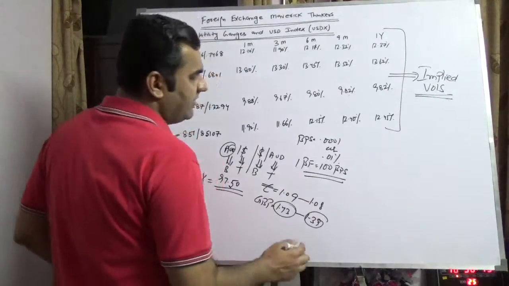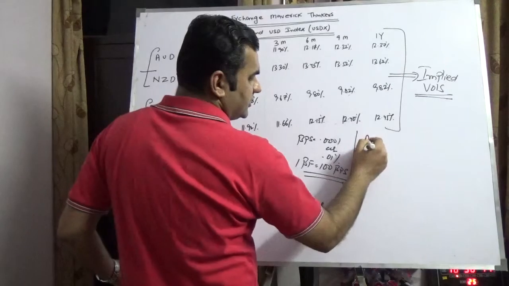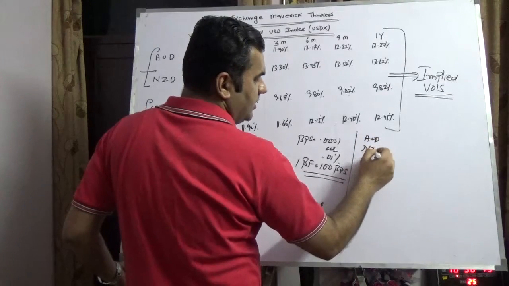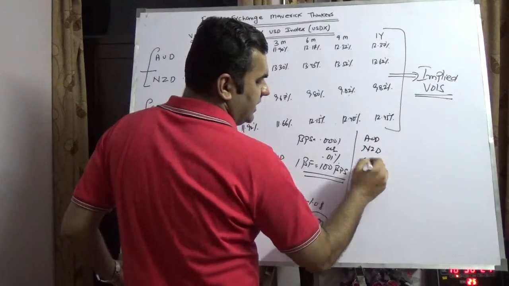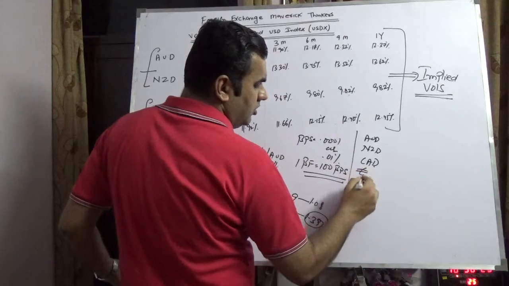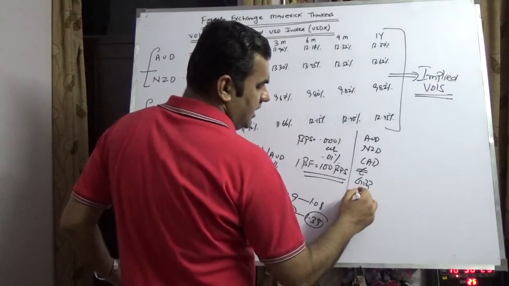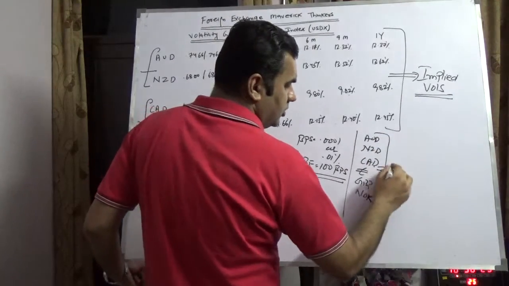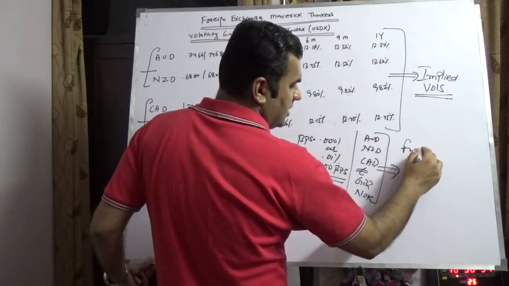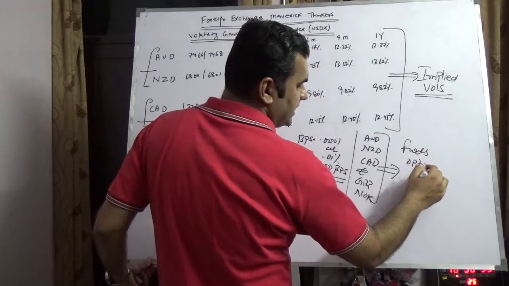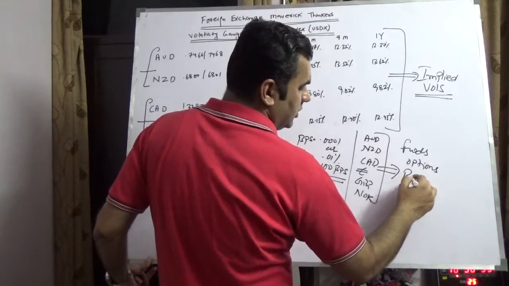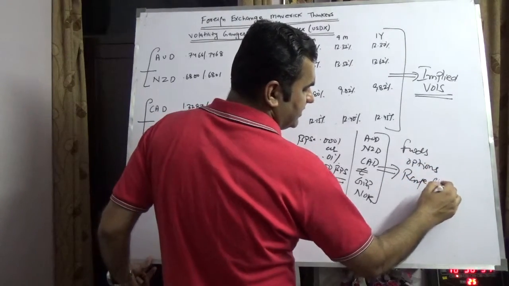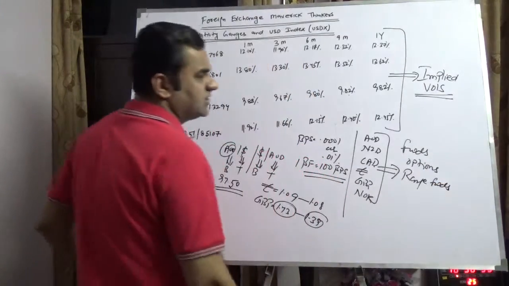If you have any exposure in Australian dollar, New Zealand dollar, Canadian dollar, euro, GBP, or NOK, then you should book forwards, you should book options, and you should book range forwards, which are also known as cost reduction structures.